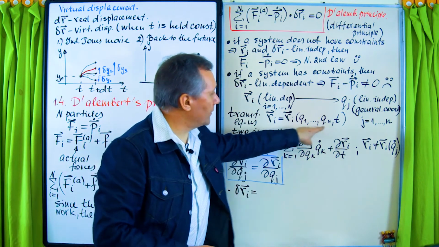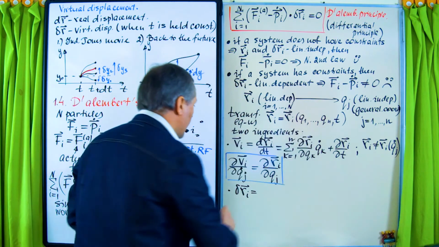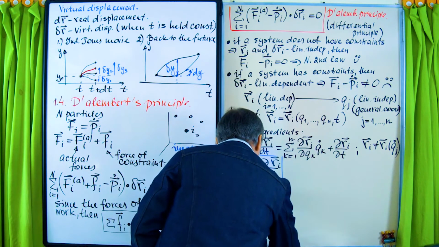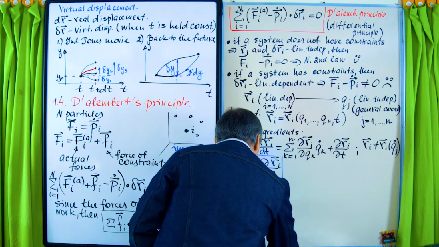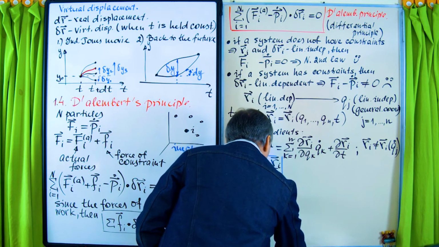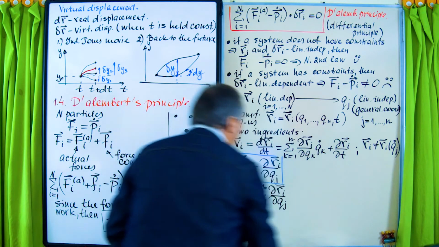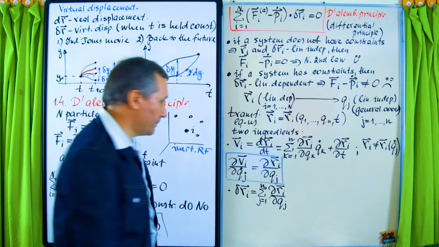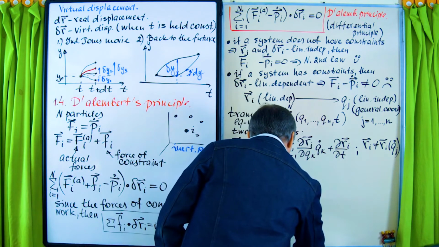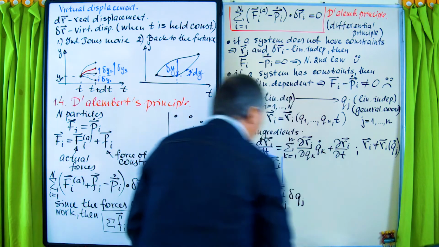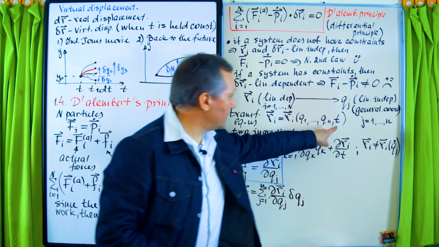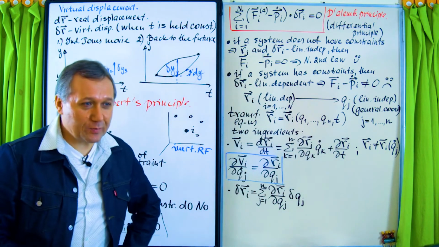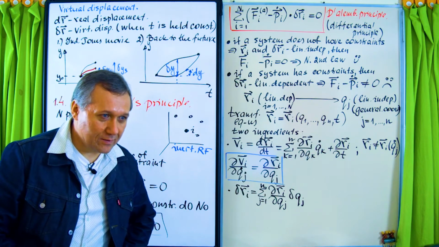Again, we need to vary all of that, so it will be a summation over j from 1 to n of the partial derivative of r_i with respect to q_j, and then the variation of each of those q's, delta q_j. Then, of course, we still have this possible explicit time dependence.